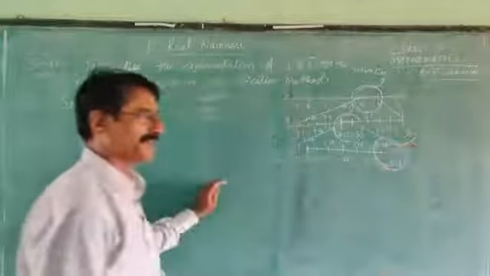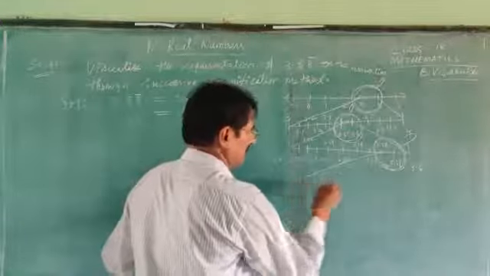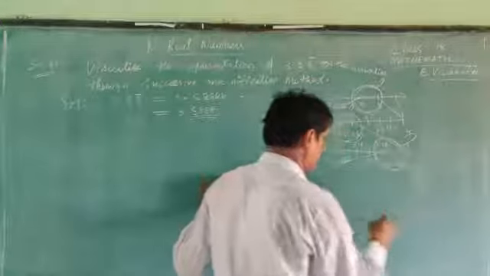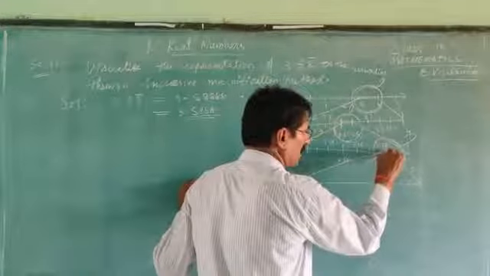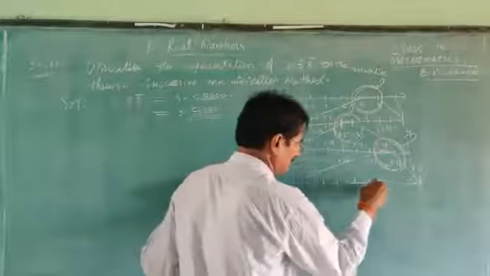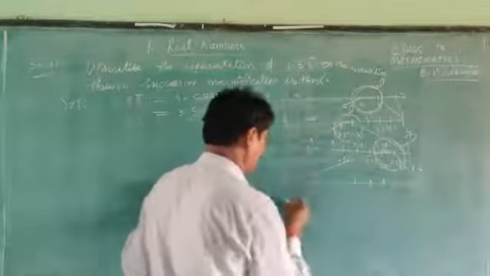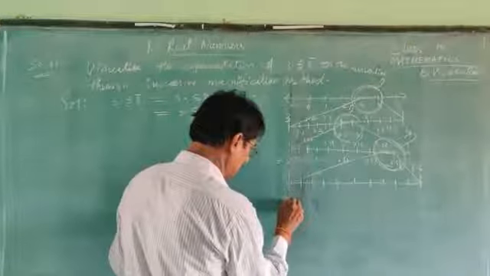Keep the glass on that portion only and divide that portion into how many equal parts? 10 equal parts again. We can see it like that. These are small parts: 1, 2, 3, 4, 5, 6, 7, 8, 9, 10. It is a 3.58.